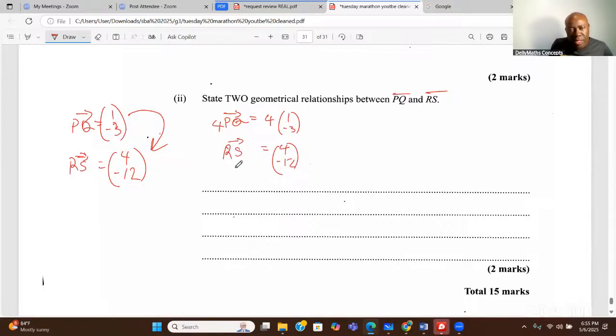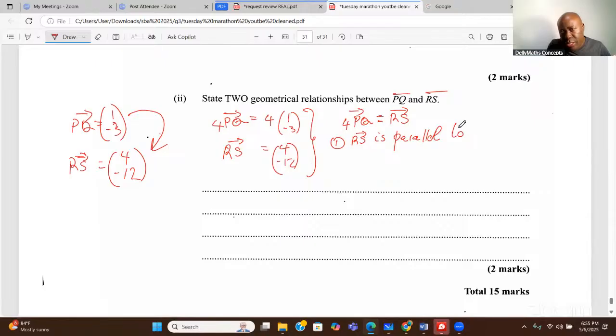So you're noticing here that 4 times PQ does give RS. Because of this fact, we do notice that they're parallel, because whenever one vector is a scalar multiple of the other vector, they are parallel. So this is telling us that relationship 1: RS is parallel to PQ.